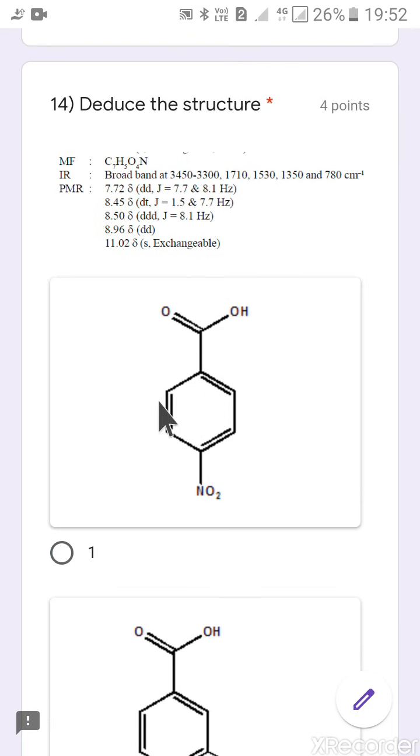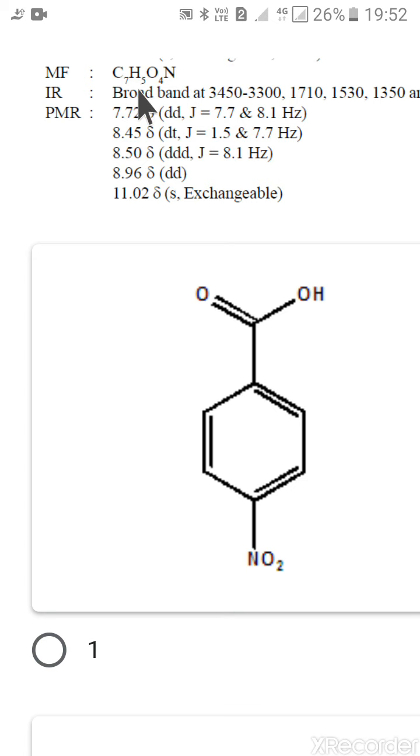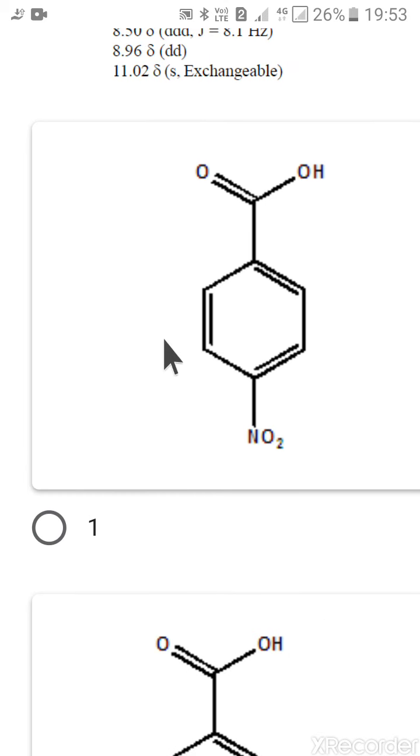Okay, now let's compare the PMR data with the molecules. 7.72, 1, 2, 3 and 4. We have 4 peaks in PMR for the benzene ring and one for the acid OH proton. So there are 4 different kinds of protons in the benzene ring. That means there is less chance of a para-disubstituted benzene ring, because these two will show one signal and these two will show one signal.